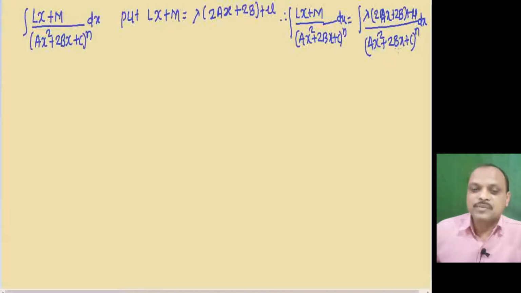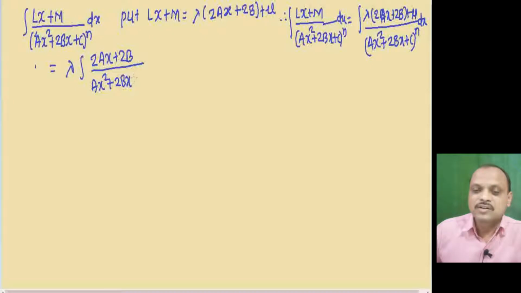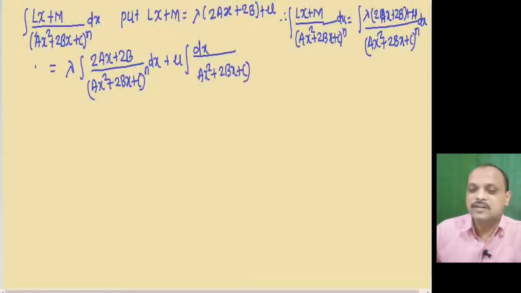Separating the numerator, this is equal to lambda into the integration of (2ax plus 2b) divided by (ax square plus 2bx plus c) whole raised to n into dx, plus mu into the integration of dx divided by (ax square plus 2bx plus c) whole raised to n.